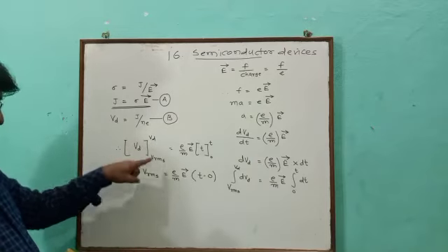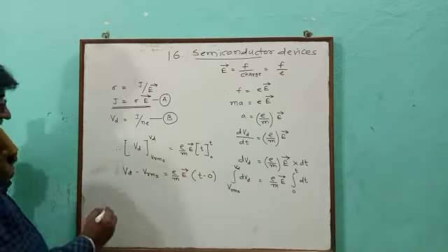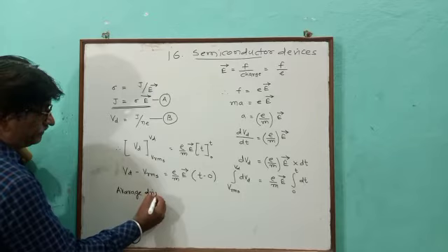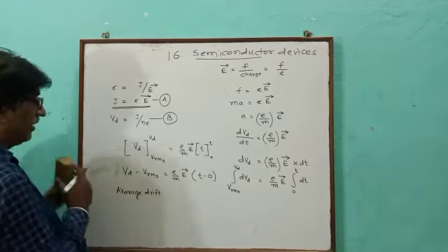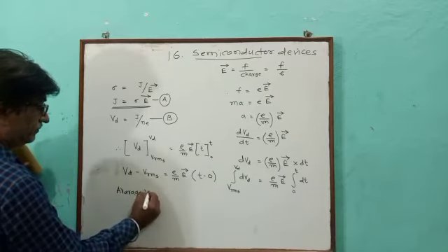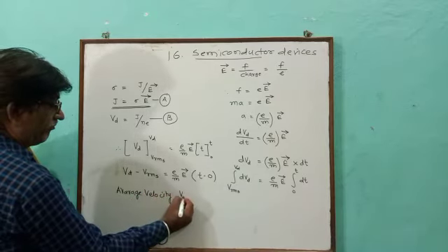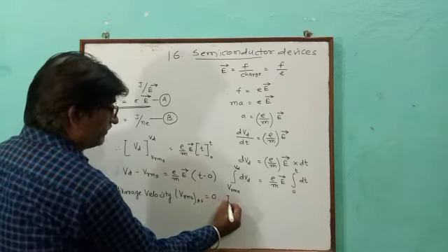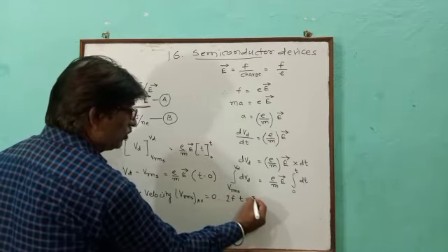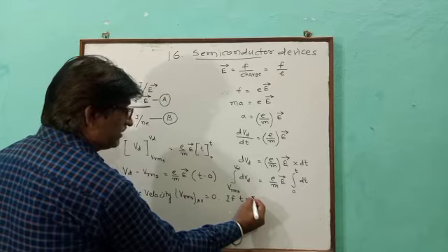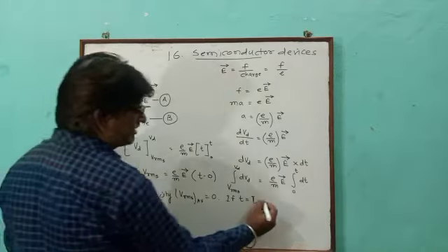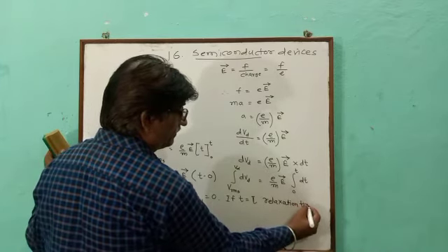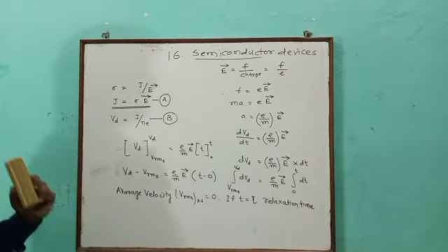So for average drift velocity, or average velocity, v RMS average is 0 if small t is equal to tau, and this tau can be called the relaxation time.